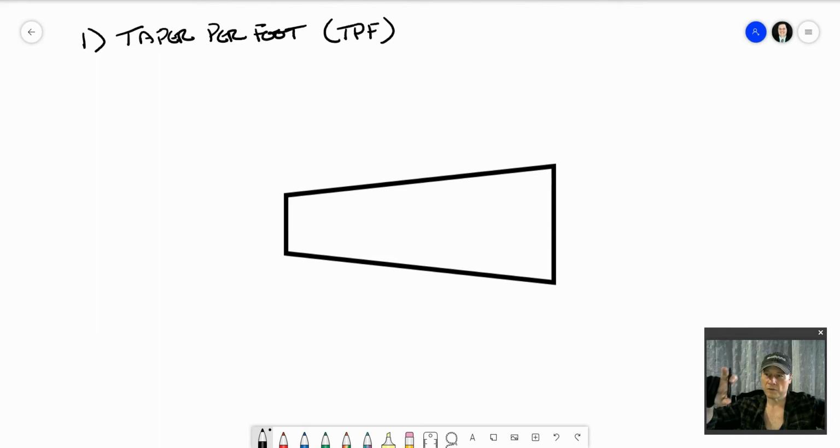So if the part was a 4-inch diameter piece of material and you set up a taper cut and did the math for a 2-inch taper per foot over that 1 foot of length, your part would get smaller by 2 inches. So you would essentially cut 1 inch of material off per side, right? So that's what taper per foot is: how much the part reduces in size over 12 inches.